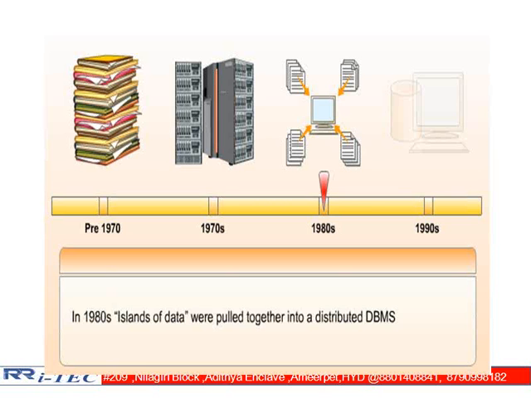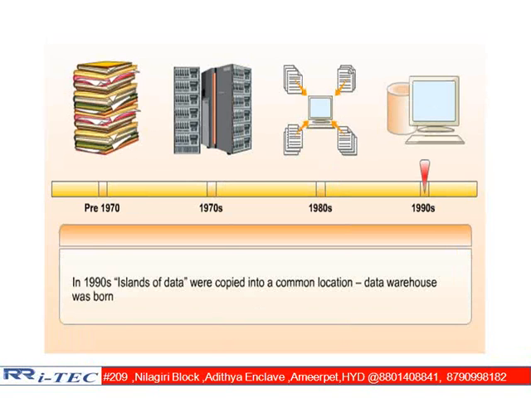With that also we were not happy. Then we moved on to the 1990s, when islands of data were copied into a common location, and the data warehouse was born. So the data warehouse came into existence from 1990. Almost 22 years old.